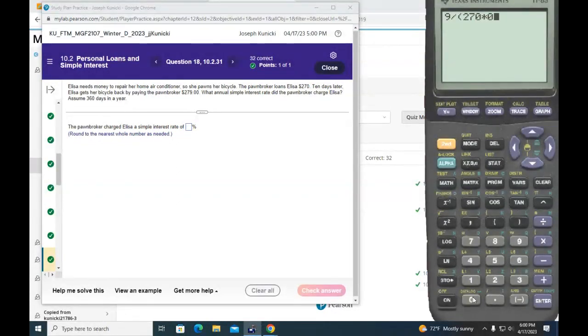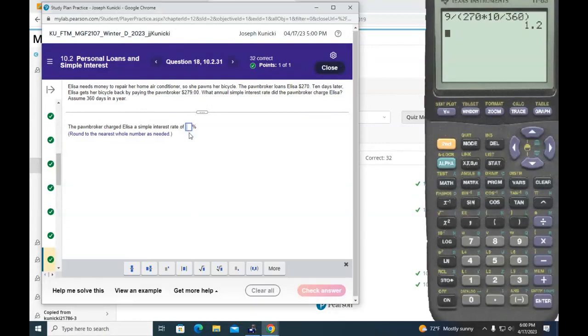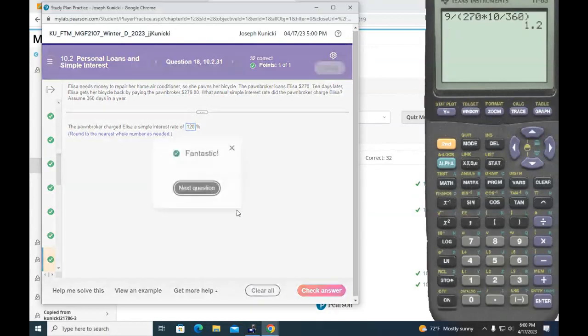So we've got to turn that into years. 10 divided by 360. It's 120% on an annual basis.